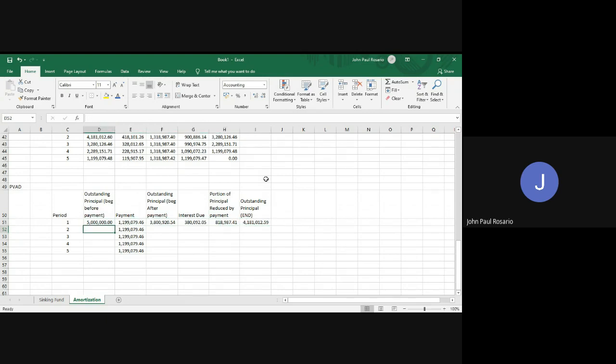So here will be the same. Our ending here will be our beginning in the next period. And then we deduct again our payment. And then our interest due should be based on this balance after payment. And our portion of principal reduced by payment is, of course, your payment less the interest portion. And your outstanding principal end should be the balance previously.